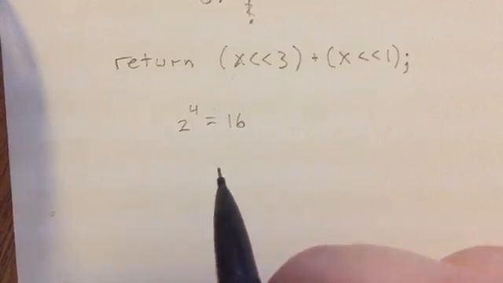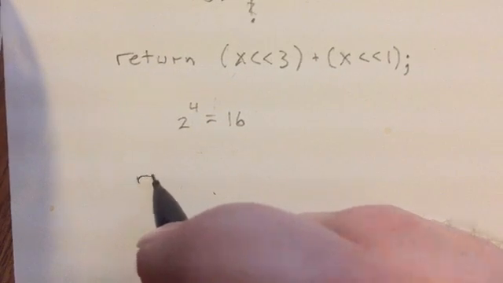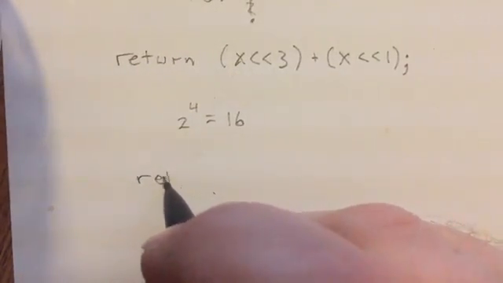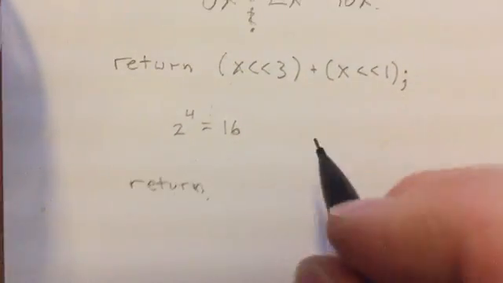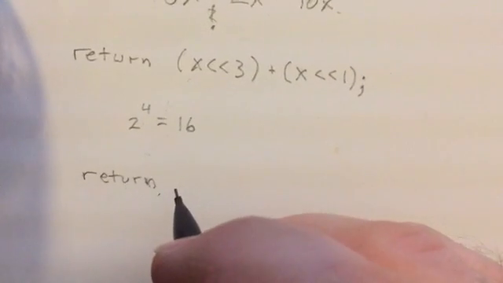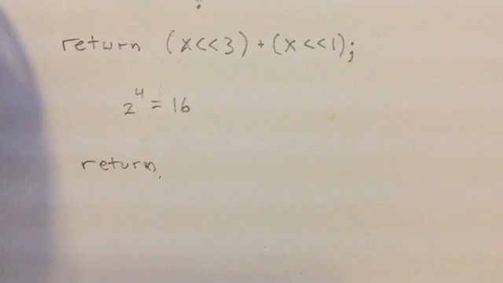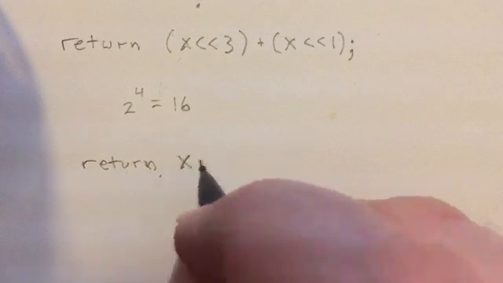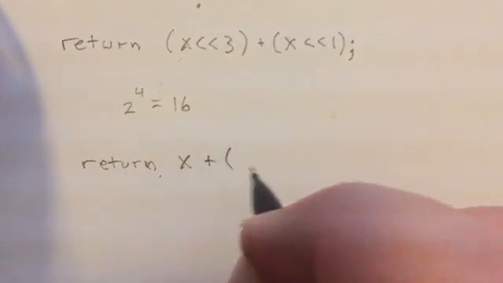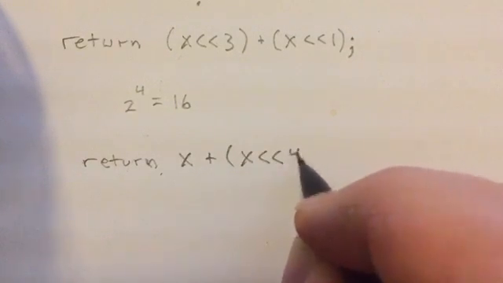Well, then looky there. Our return value gets even easier, because we can actually leave out one of the shifting operations and just say x plus x left shifted 4 times.